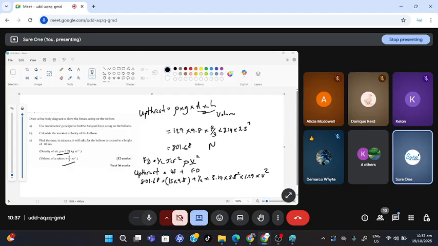I don't have my calculator, so I just roughly calculated it. Did you cube it? Which gravity did you use, 10 or 9.8?